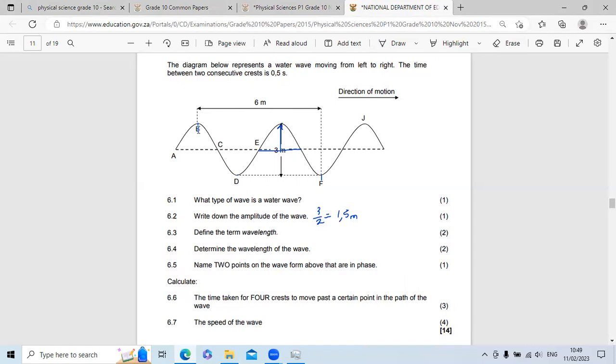Is the answer 2.4 meters? It's 6 divided by 1.5. I got 4 meters.